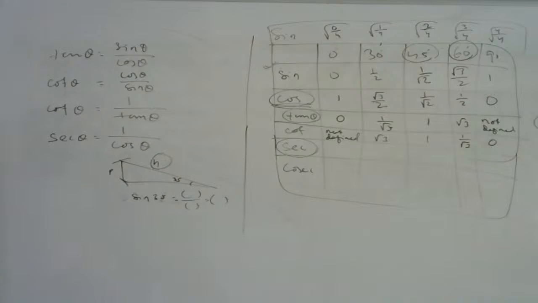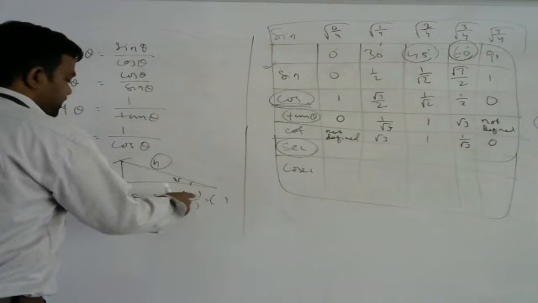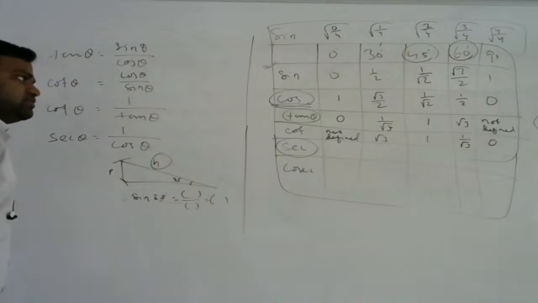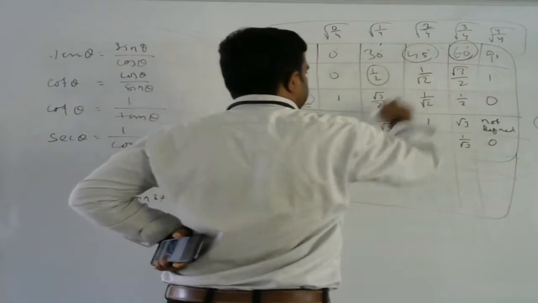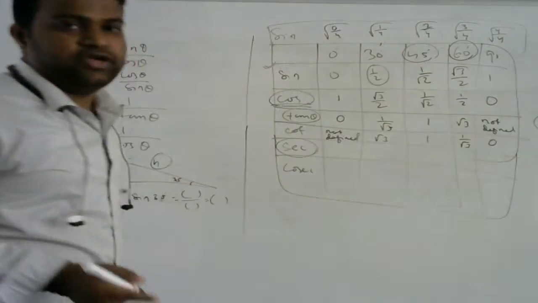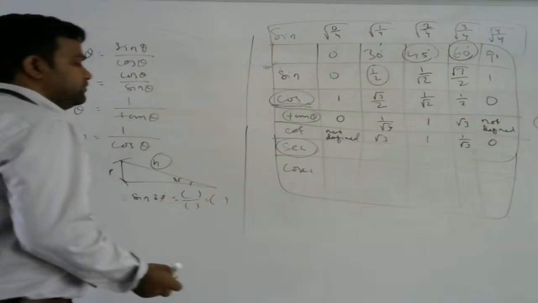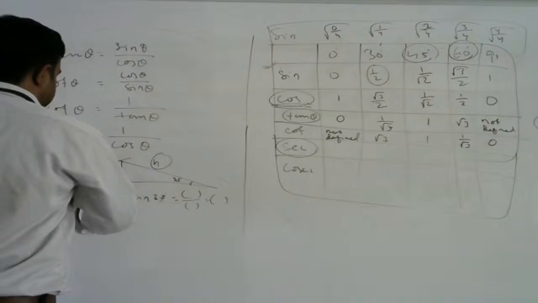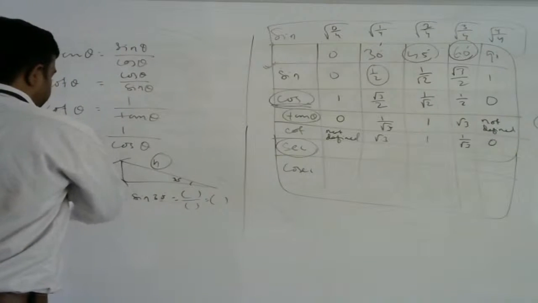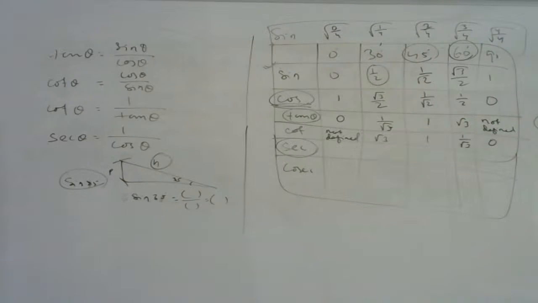So sin 35 you can calculate as P upon H, and you will get a ratio in between half and 1 upon root 2, that means slightly greater than 0.5. So the value of sin 35 also exists, but we have taken only these 5 angles for our convenience and to solve different problems.